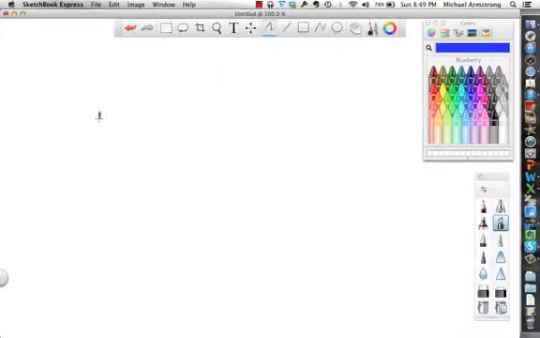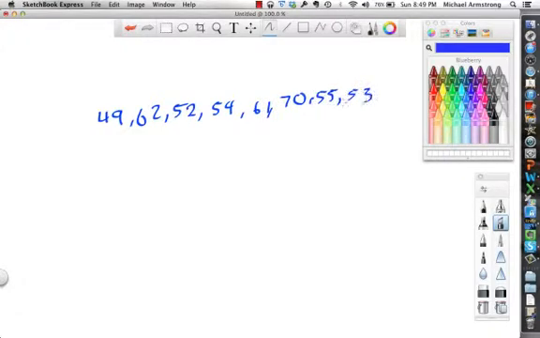It might say something like 49, 62, 52, 52, 54, 61, 70, 55. This is one of your examples, and 53. You just have to take these and add them all up.